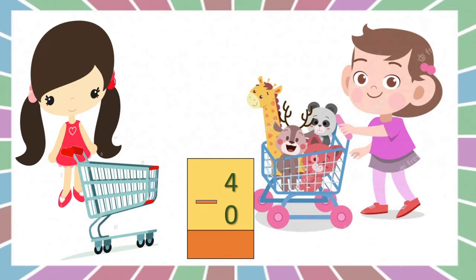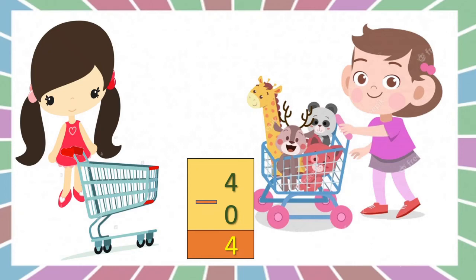Yes? Very good. 4 toys left with Ankita. Here in the numbers 4 minus 0 is equal to 4. Here also when we subtract 0 from any number, we get the same number as the answer.